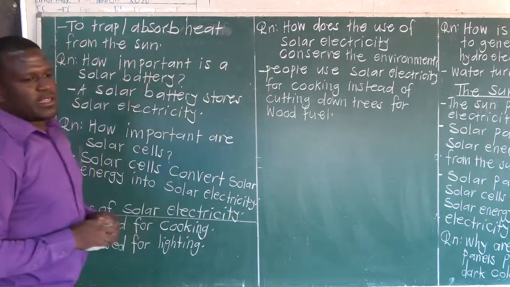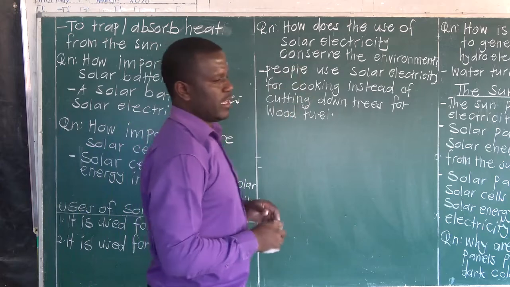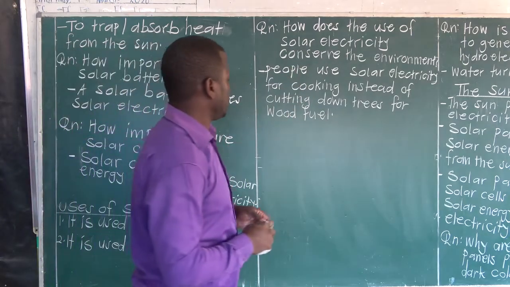So instead of people cutting down trees for firewood or for charcoal, they use solar electricity for cooking their food. And this one helps to conserve the environment.